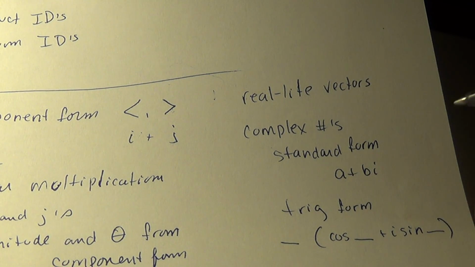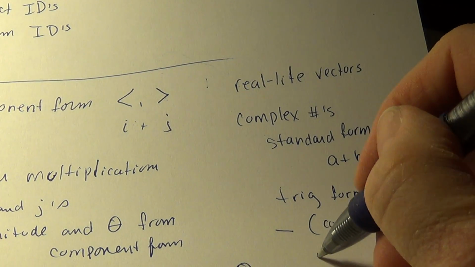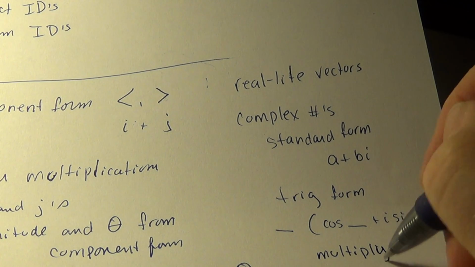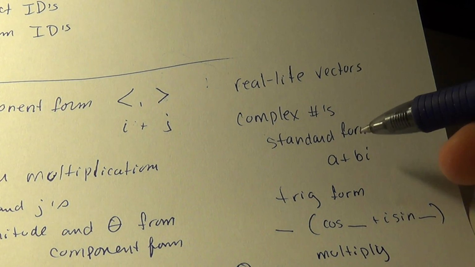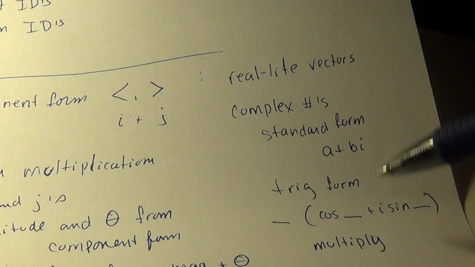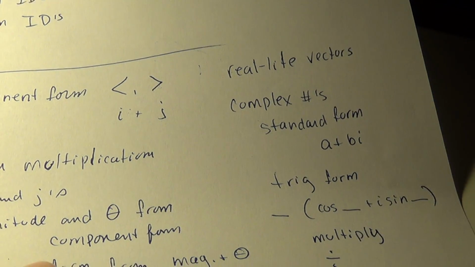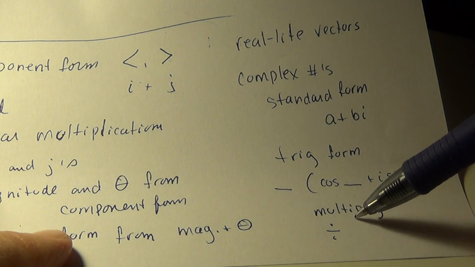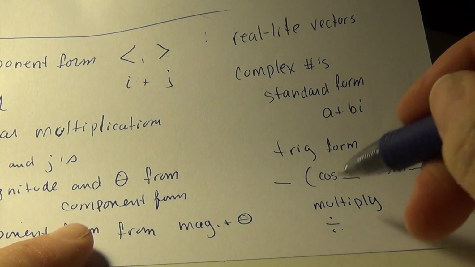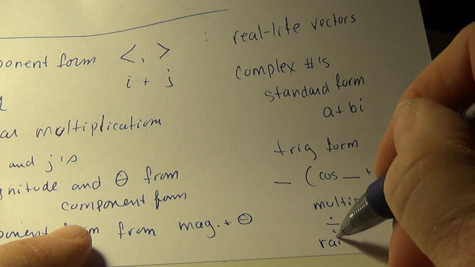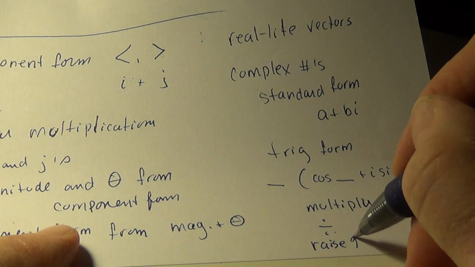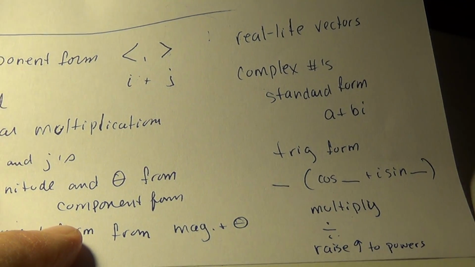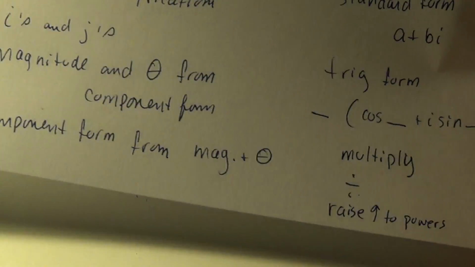So that was trig form. In trig form, we learned to multiply complex numbers, and we learned to divide them. And we also learned to raise them to powers, like square them or raise them to the 15th or whatever.